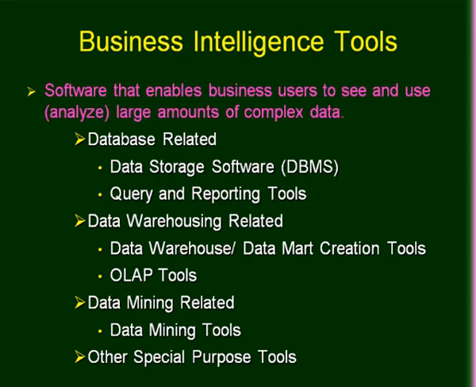Then data warehouse related tools are data warehouse creation and data mart creation, etc. OLAP tools also belong to the data warehouse related tools. Then data mining related tools. And we also require other special purpose tools for loading of the data, backup, etc. So whenever you want to provide a BI solution, you need to integrate the functionality of all these tools together.